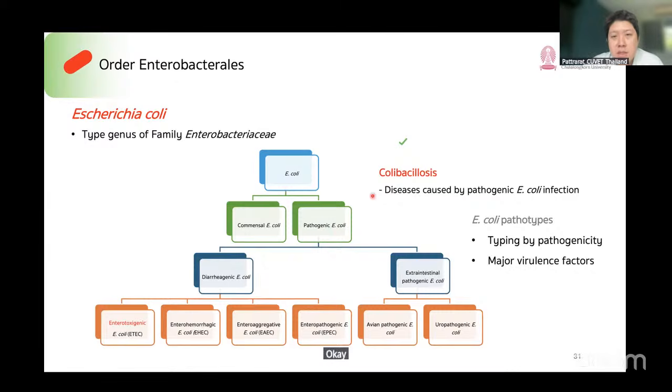The disease caused by pathogenic E. coli infections we call colibacillosis. We need to remember this term: the disease caused by E. coli is called colibacillosis.